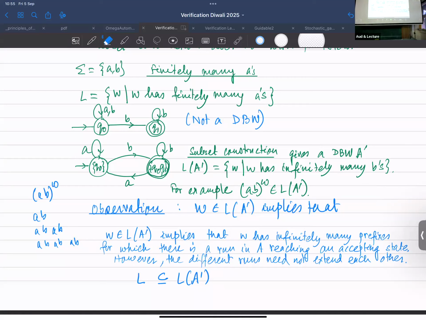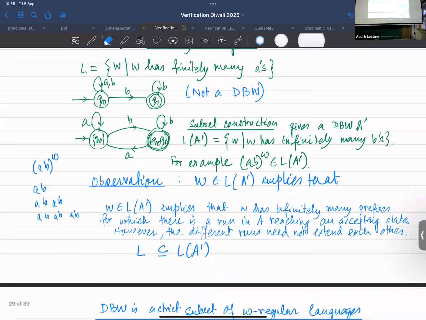If you consider the limit of that language, then if it's an NBW, it's a superset of L, where L is the language accepted by the NBW. So this is what we saw. But if it's a DBW, then they are the same. Okay. Clear? Is it okay? Yeah. Good.